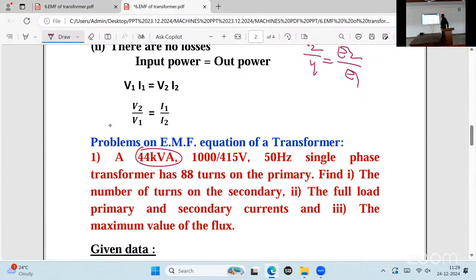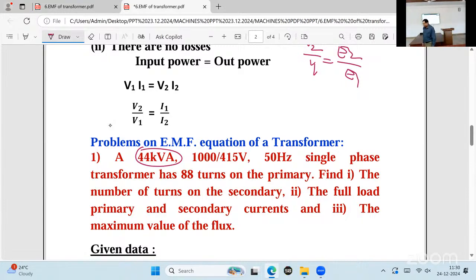Second one, the full load primary and secondary currents, I1, I2 we have to find out. And the maximum value of the flux, phi M, we have to find out.